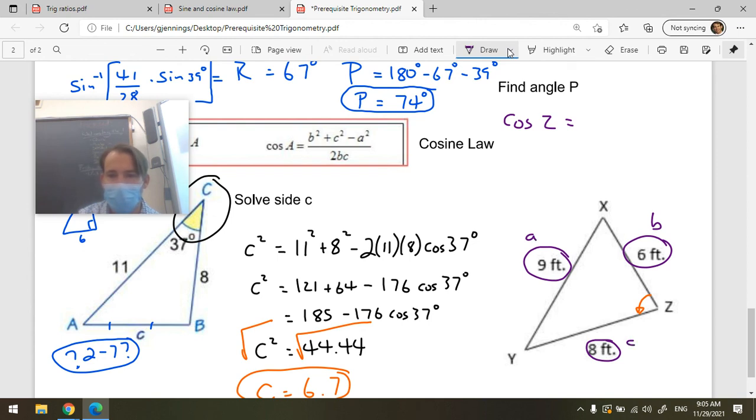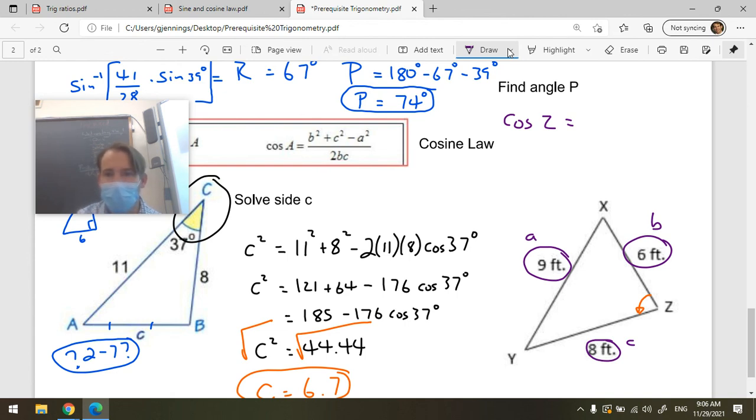These are our sides, because these sides are the corresponding angle and side. So this here corresponds to this one in the formula. I have to make sure that I get those right, because I'm subtracting that one, I'm adding those ones, and I multiply those ones on the bottom, but I don't multiply this one on the bottom. So those are all important things to think about as I set this up.